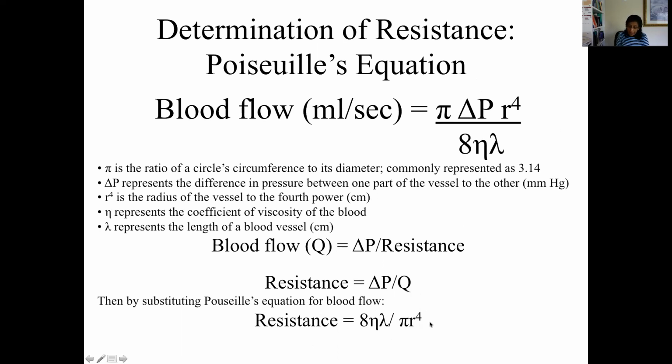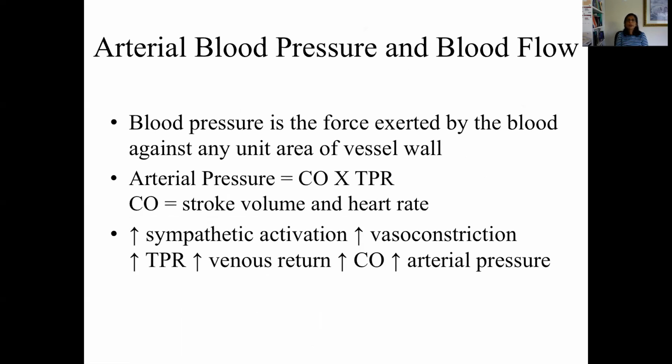All right, with this, let's move on to talk about blood pressure in a little bit more detail. Blood pressure could be in the artery, referred to as arterial blood pressure, in the capillary, capillary blood pressure, and then venular blood pressure. So what is arterial blood pressure? Let's talk about that.